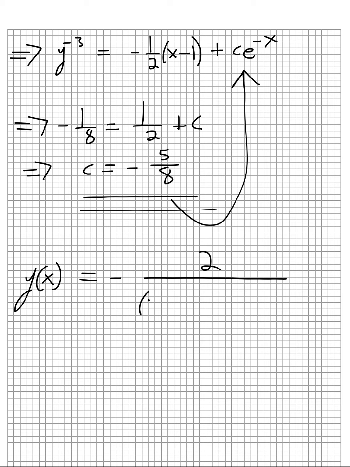You get 2 divided by 4x minus 4 plus 5 e to the minus x there, all raised to the 1/3 power. Okay, so that's it. That's the extent that I would expect for you to do Bernoulli differential equations and how to go about solving those.